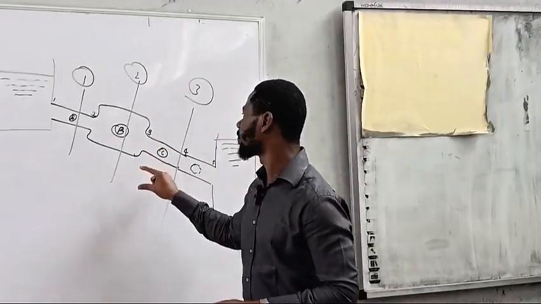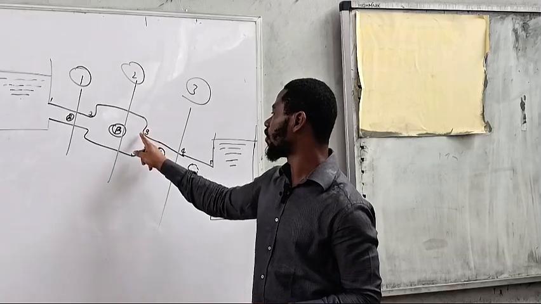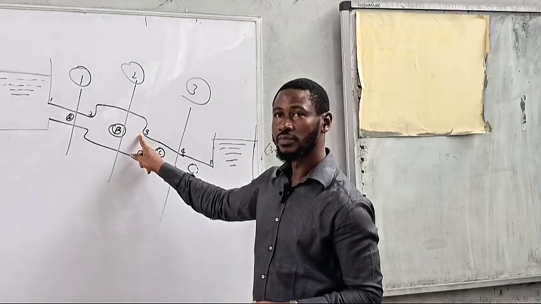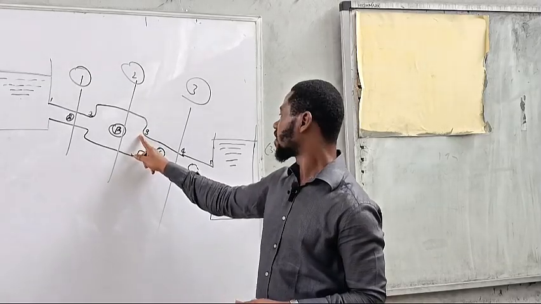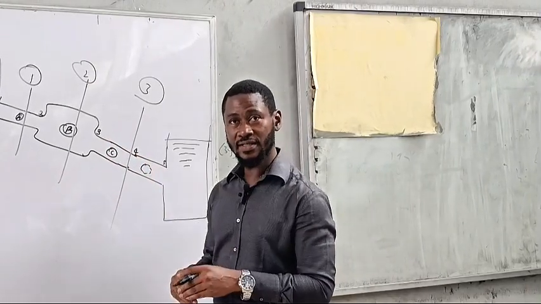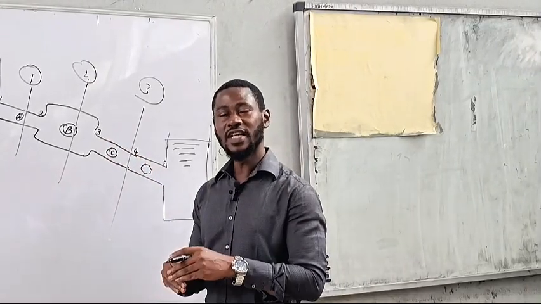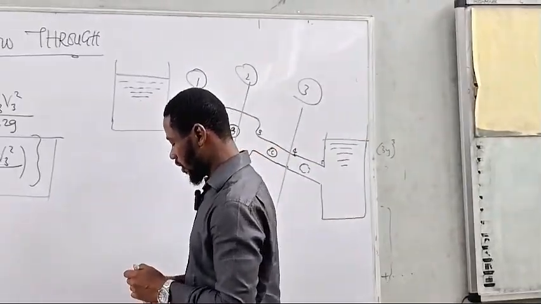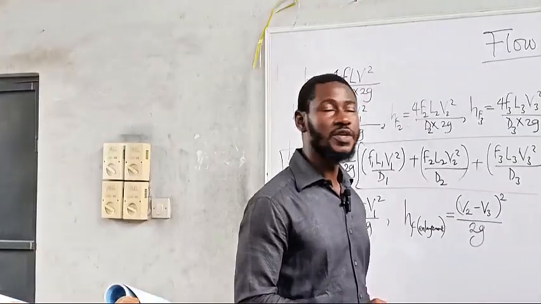Then the third one, as it is leaving 3 and coming to 4, there is something inside it. Yes, there is an obstruction in the pipe. Now let's move on, please.